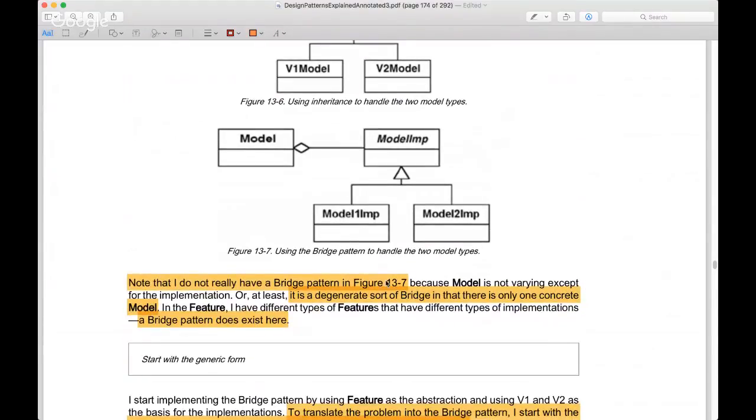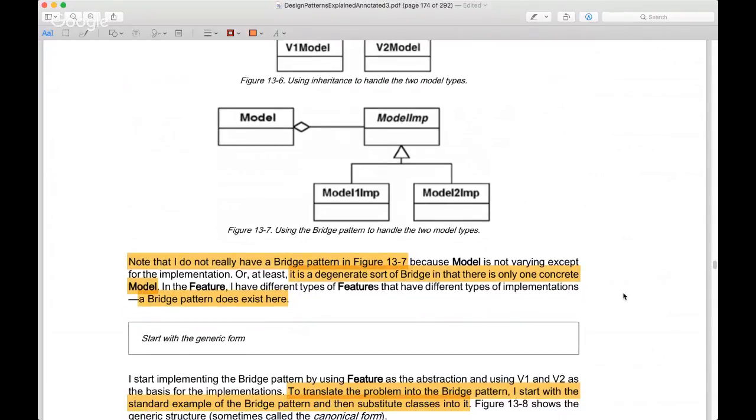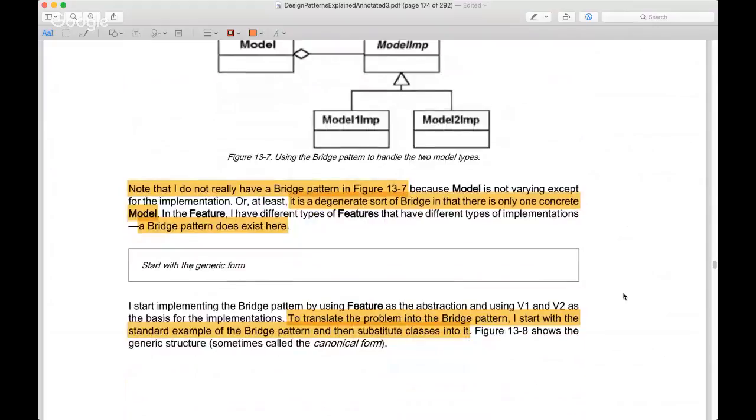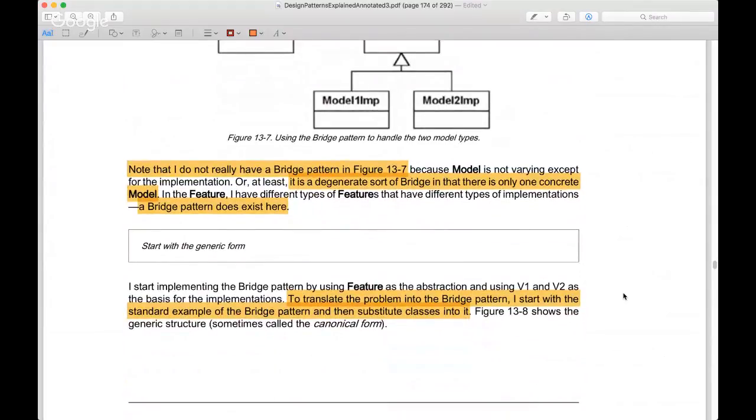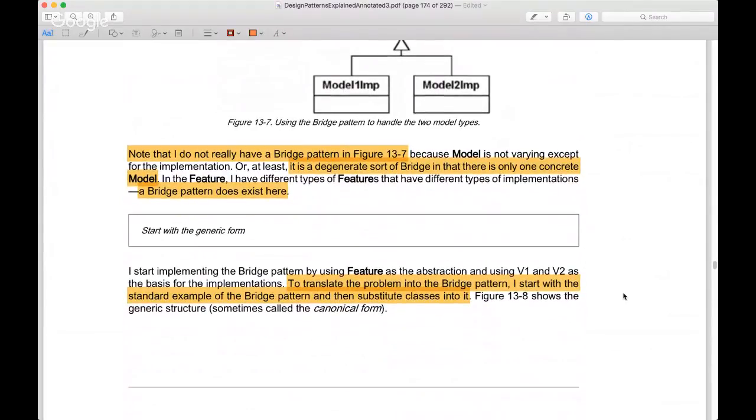Now, and he's correct, he doesn't really have a bridge pattern in figure 13.7 because model is not varying except for the implementation. And it's degenerative. There's only one concrete model.